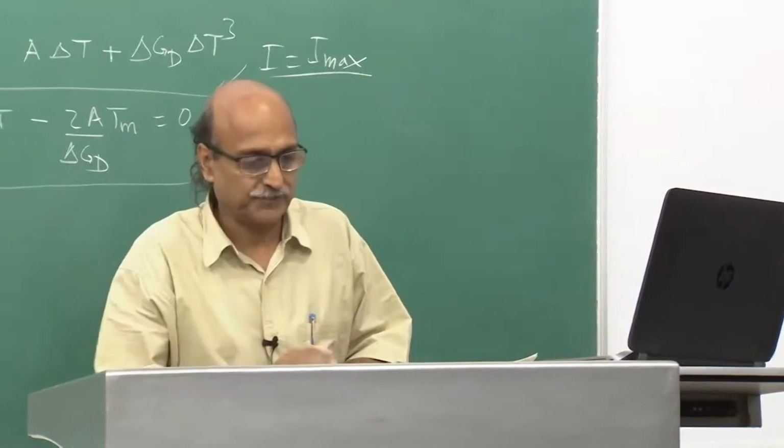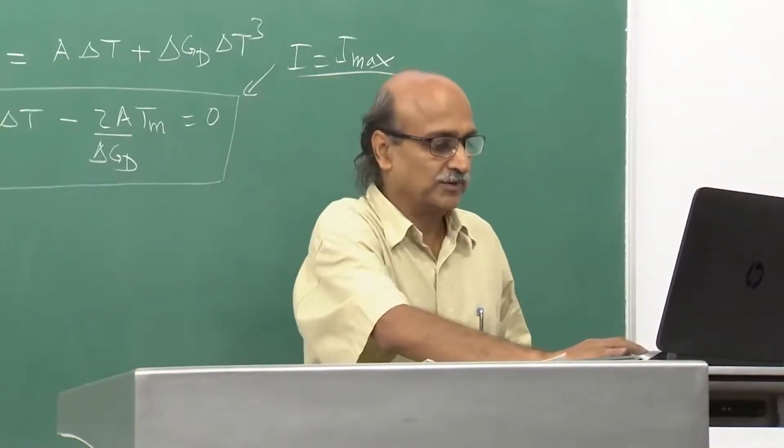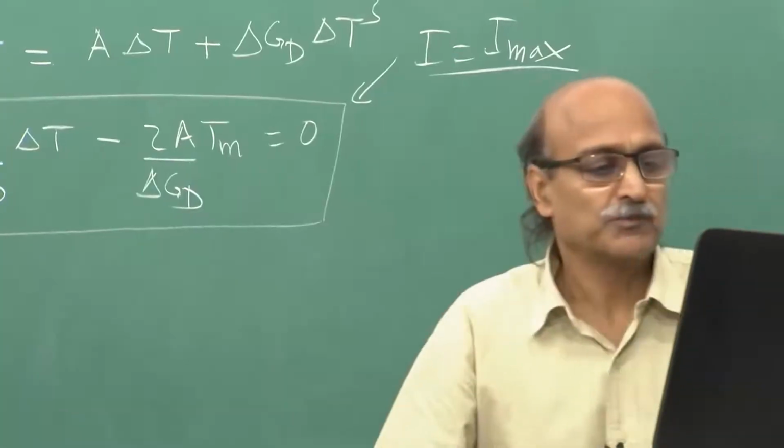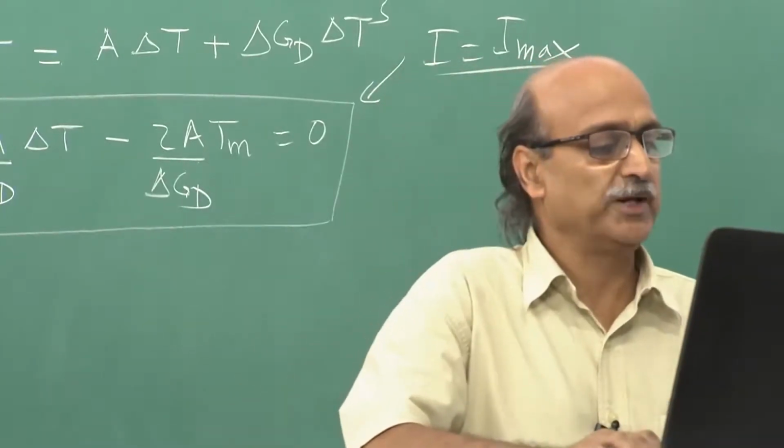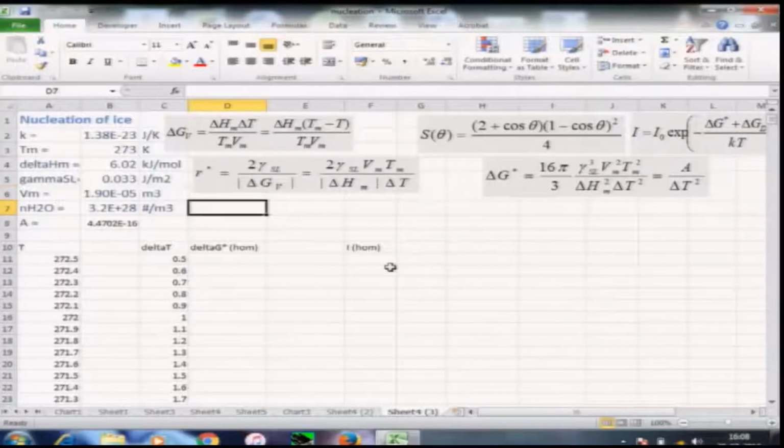So, let me take up this. So, here I have a spreadsheet open. I already, for again nucleation of ice, will continue to solve for this system, ice water system.